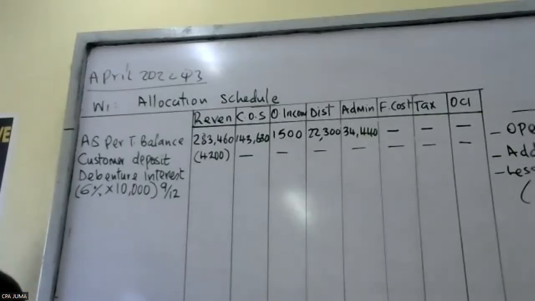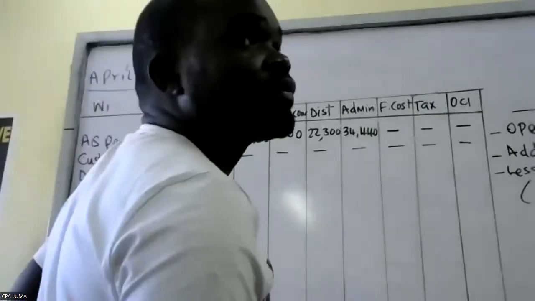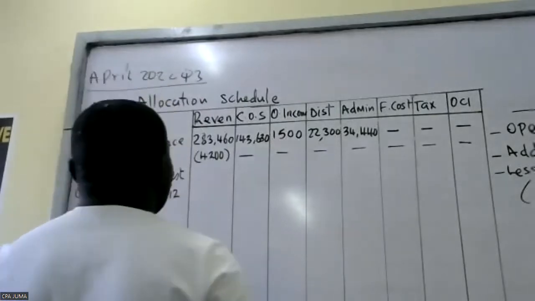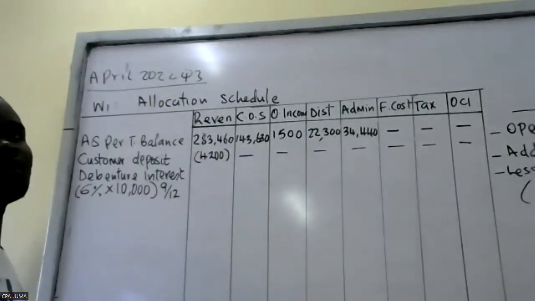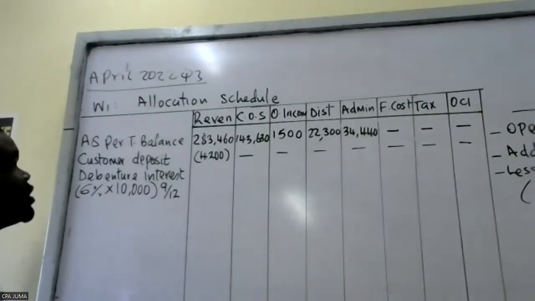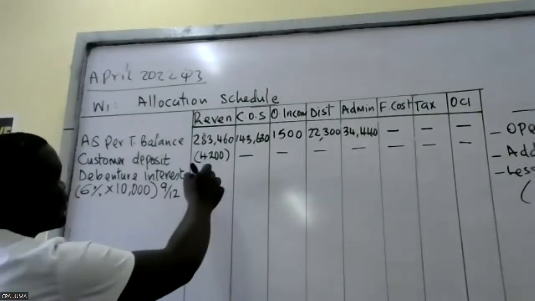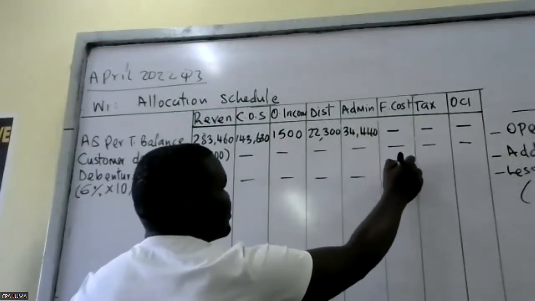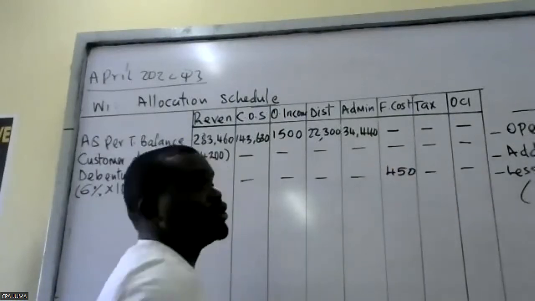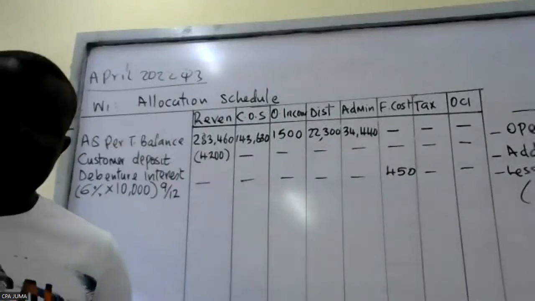How much do you get? 450. So take it to finance cost. Interest you take to finance cost.